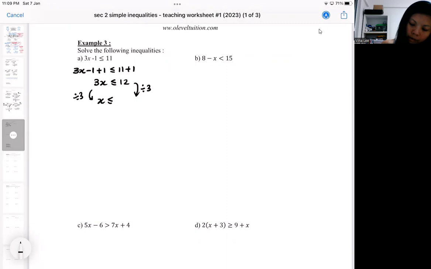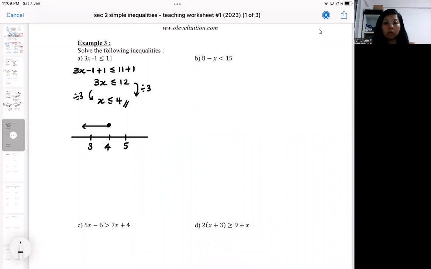So I should get 4. So draw out the number line. You'd like it to be smaller than or equal to 4. So please follow exactly. There's no reason why you couldn't follow exactly because it's actually quite easy.